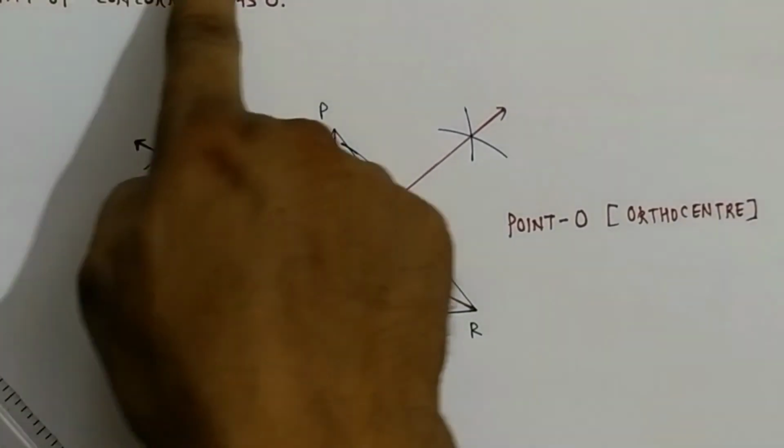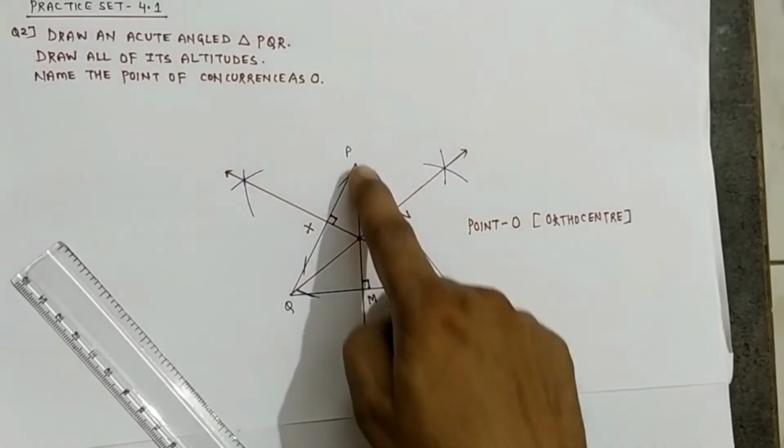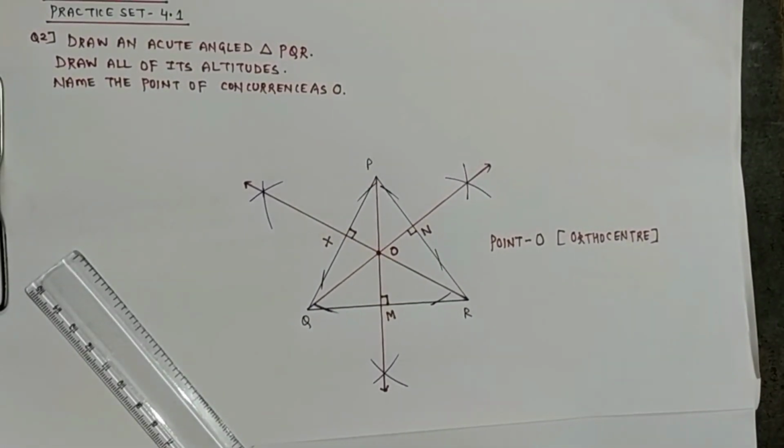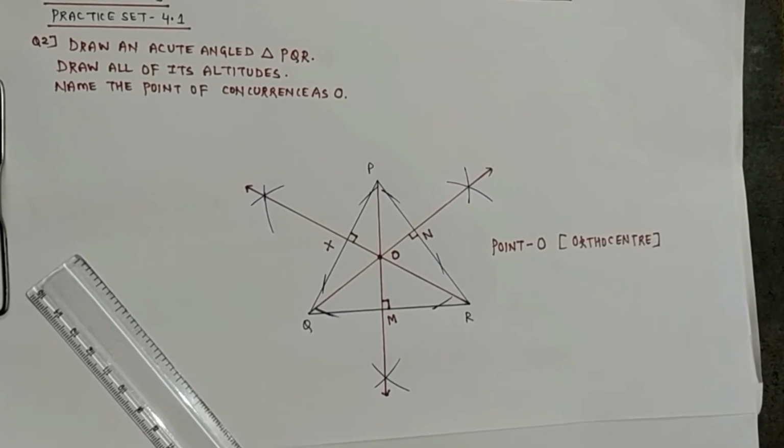So for this triangle PQR, we have constructed all three altitudes and we got this point O, which is the orthocenter. Okay students, you can do that.